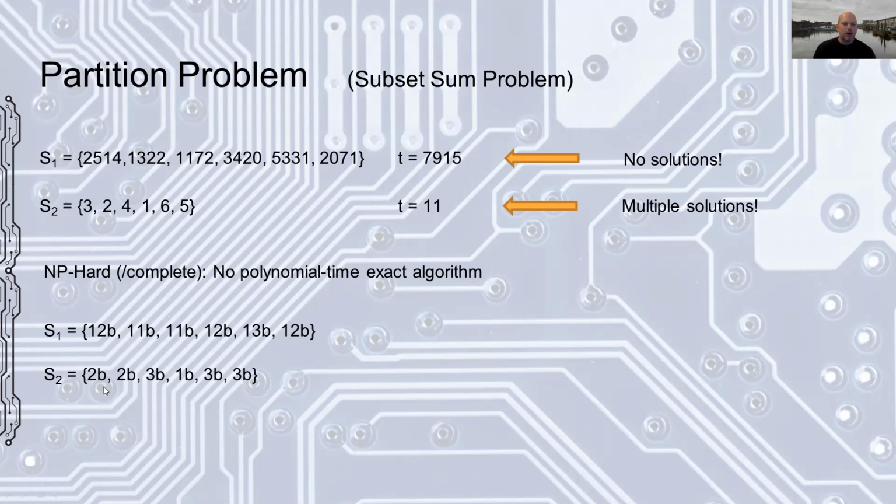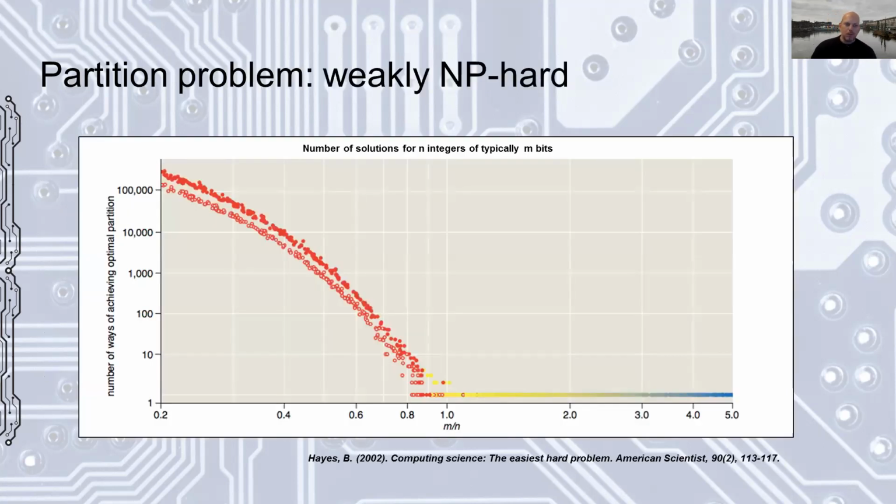You can represent them with 2 bits, 2 bits, 3 bits, 1 bit, 3 bits, and 3 bits. And that makes a whole lot of difference for this problem. So the partition problem is not just NP hard, it is known as weakly NP hard because the magnitude of the integers in the set, measured in the number of informational bits, plays a critical role.